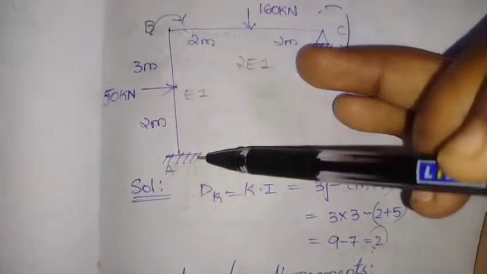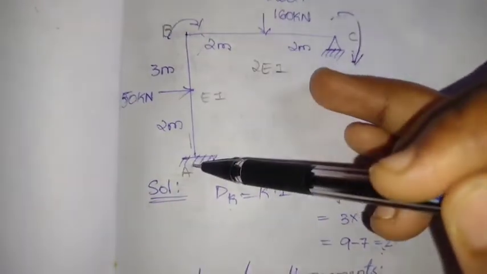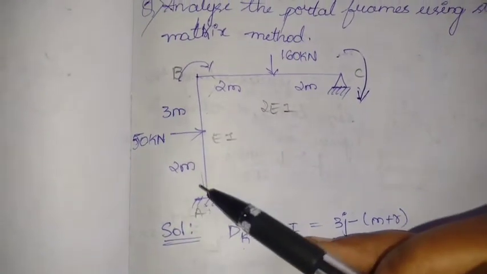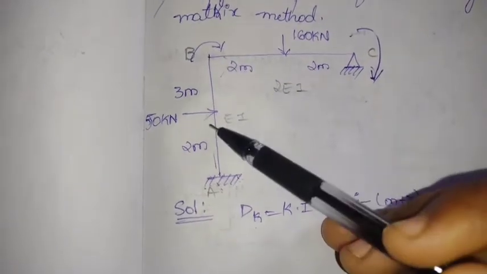See, when I am taking BA, the far end one would be squared. When I am taking BA, this 2 would be squared. When I am taking AB, 3 would be squared.